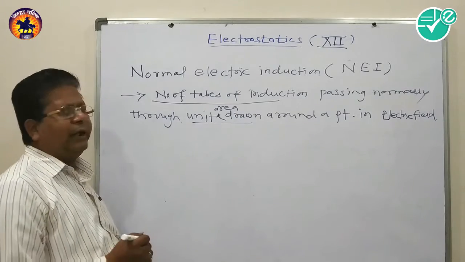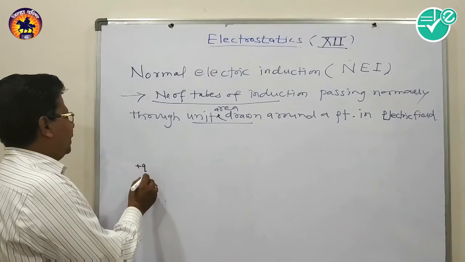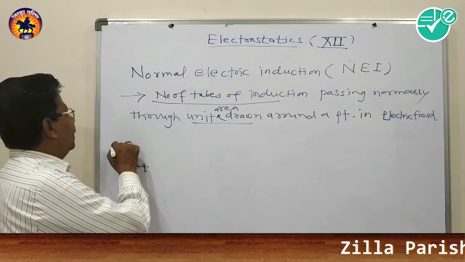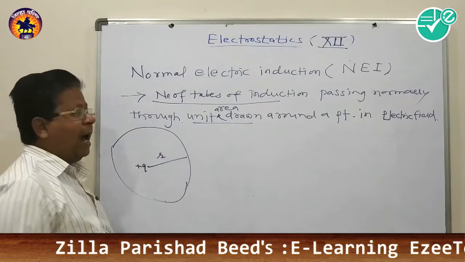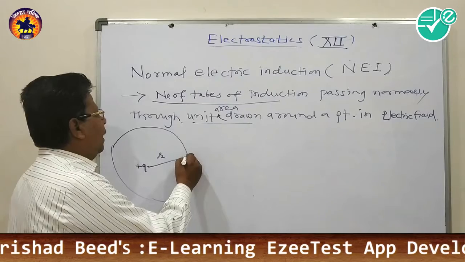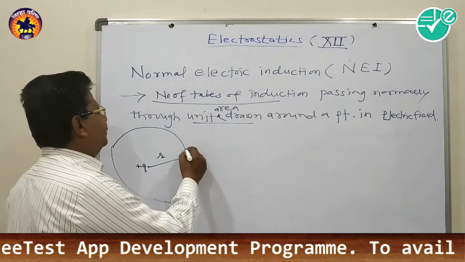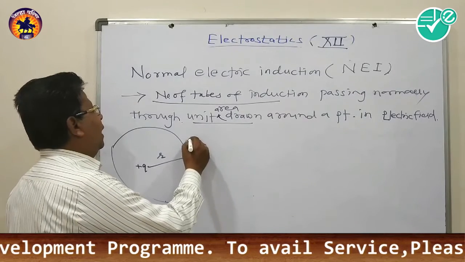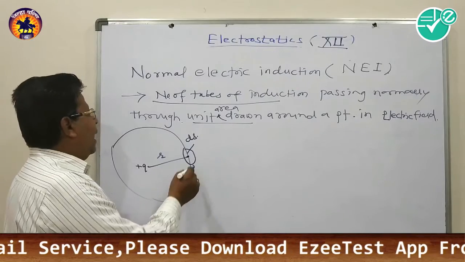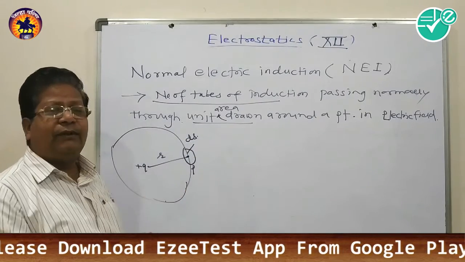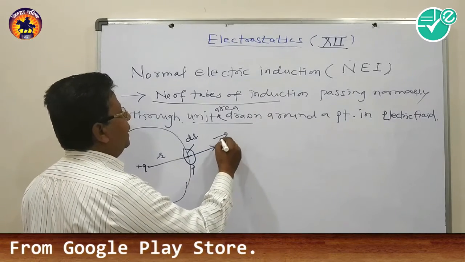And to explain this normal electric induction, suppose that a charge plus q is situated at the center of a sphere having radius small r. Now consider a point P on the surface of the sphere and consider a small area ds along the point P. Then, as the surface is a sphere, the electric intensity at every point is directed radially outwards.